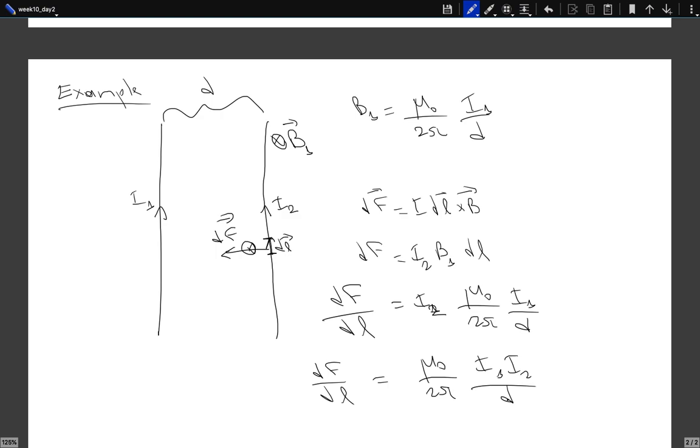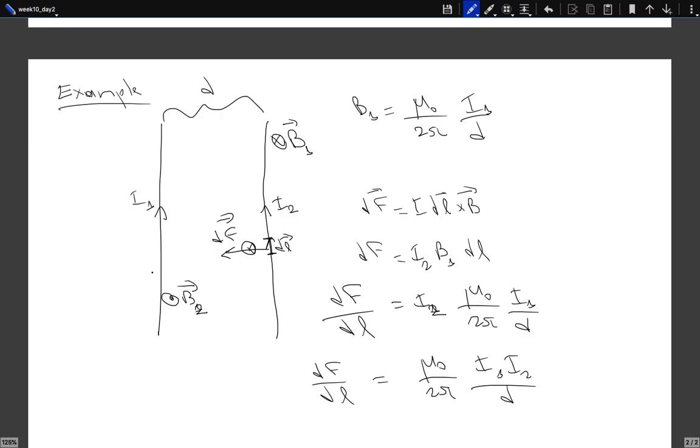What will be the direction of the force that this will feel? Let's study that. This will create a magnetic field at this point. What will be the direction of the magnetic field created by I2 at this point? Well, thumb, it's pointing outward. So at this point, the magnetic field will be out, B2.